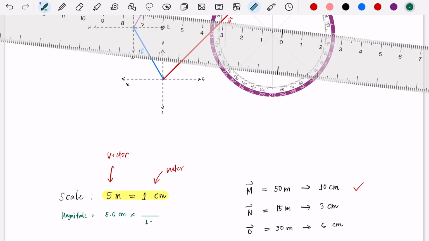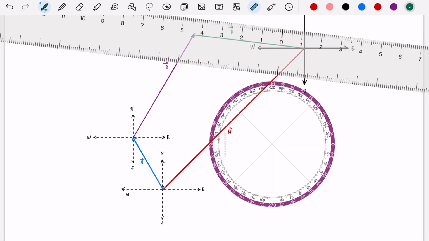Every 1 centimeter is equal to 5 meters. You can calculate that one. Let me grab my calculator. I know it's very easy to calculate, but I just have to do it on the calculator because of trust issues. After calculating that, I got 28 meters. That's how long that vector should be. I'm hoping we did have the same answer.